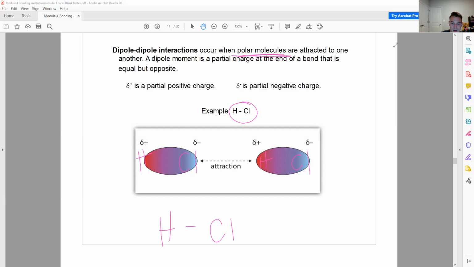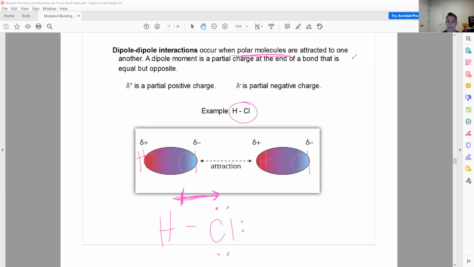So if I have the Lewis dot structure of hydrochloric acid, we know that this is going to be a polar bond. And so the chlorine's more electronegative. To show where the pull is, basically the electrons go towards the more electronegative thing, and then you'll see there's a line on the part where it's partially positive.